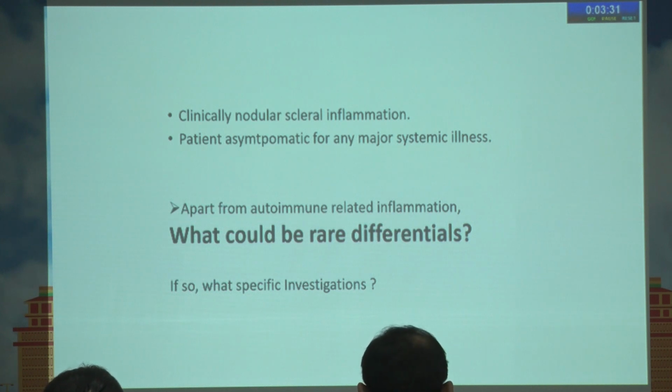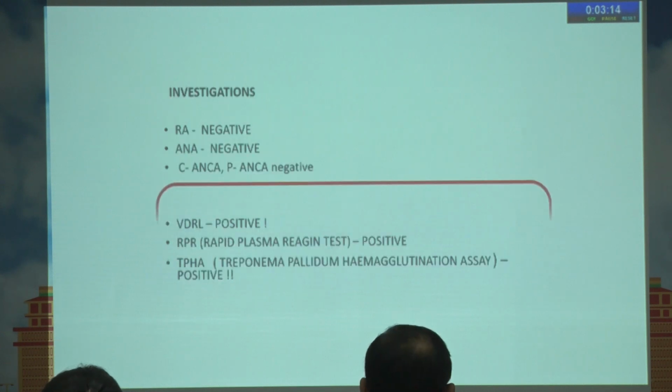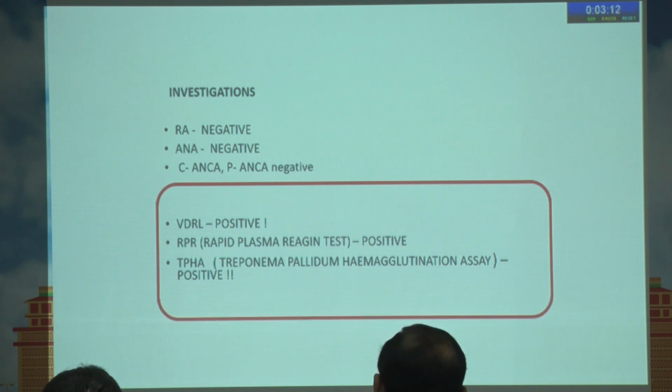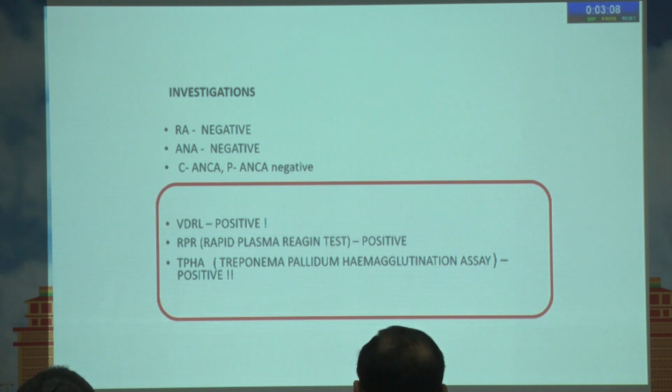But what else do you want to add now at this stage? You have finished autoimmune related inflammation, you have finished most of the other things, tumors, UBM doesn't show anything. What could it be? RA factor, ANA negative, cANCA, pANCA negative, VDRL was positive and RPR was positive and TPHA was positive.